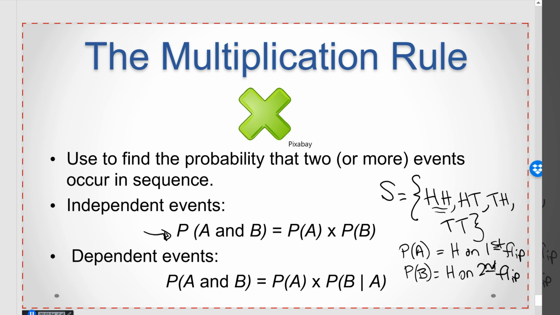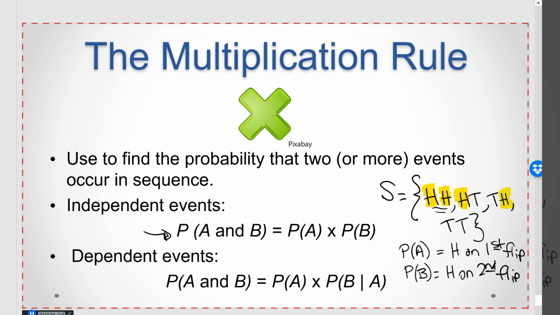Probability of A, of heads on the first flip, is 2 out of 4, which is 1/2, which is equal to 0.5. Probability of B, which is heads on the second flip, again is 2 out of 4, or 1/2, which is equal to 0.5, right?